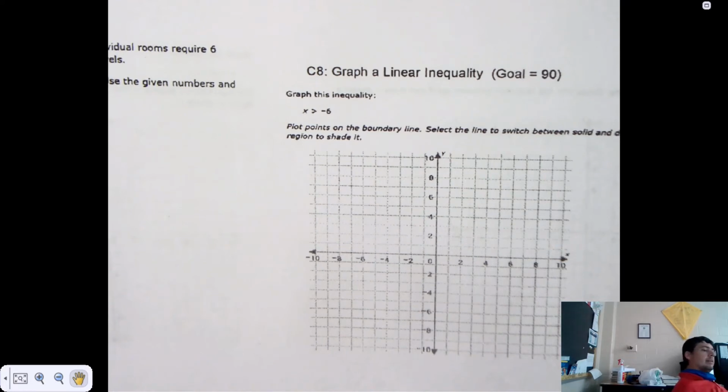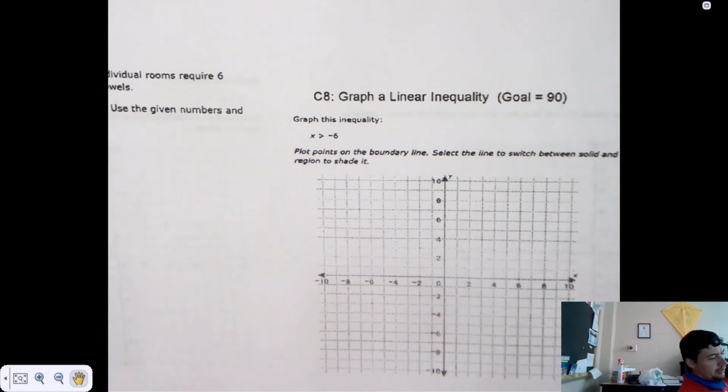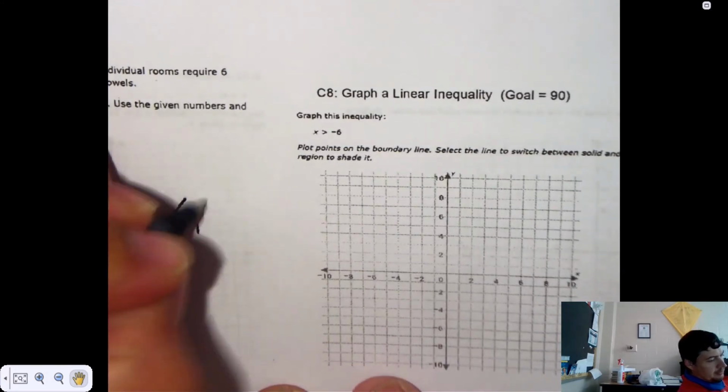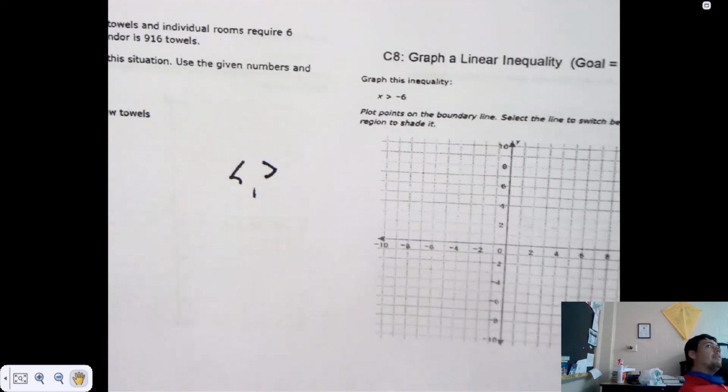We do need to talk about the less than and greater than symbols when we graph those things. Because you're graphing lines, but are they solid or dashed? Do you remember? Doesn't it depend on if it has the line equal or not?